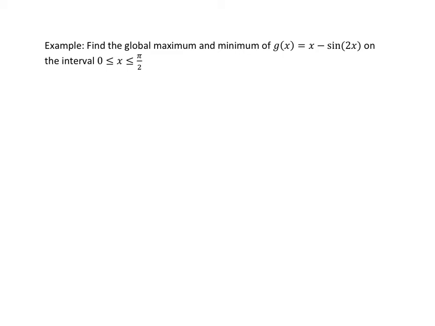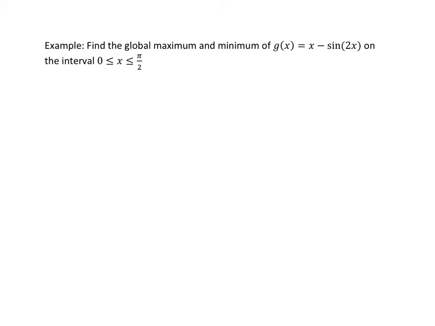All right, so let's look at a function that's maybe not quite as straightforward as a polynomial, but we've got a similar type of idea. We're going to find the global maximum and minimum of g of x equals x minus sine of 2x on the interval 0 less than or equal to x less than or equal to pi over 2.